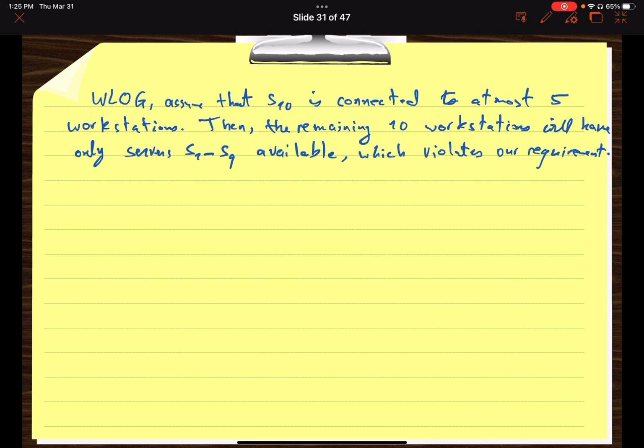Because we know for sure that one of the servers is connected to at most 5 workstations, so I cannot serve the remaining 10 with only 9. The remaining 10 workstations with only 9, and this is by using the pigeonhole principle.